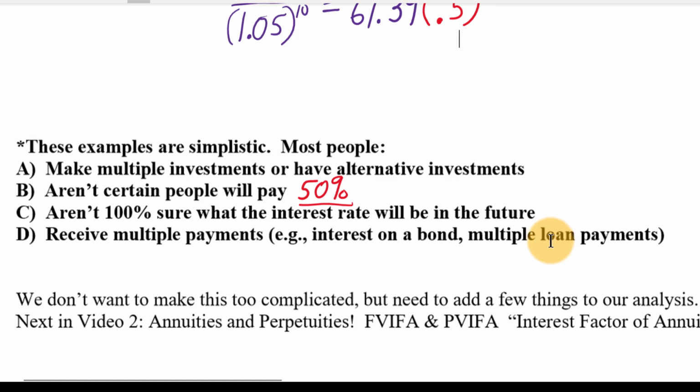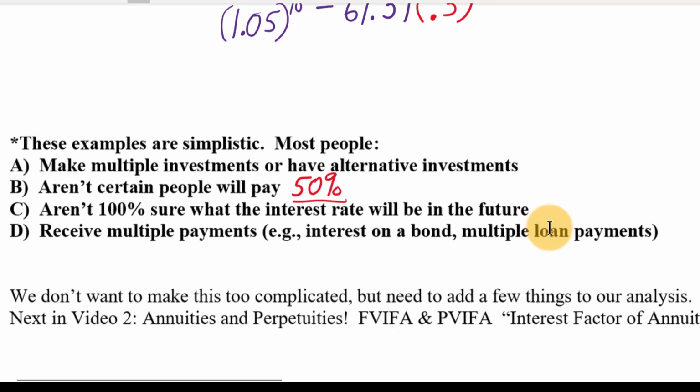And a third example would be, what if I don't want to save for college all at once today? What if I want to save for college to where I need to have $100,000 in the bank in 10 years' time? But what I want to do is every year or every month, invest a different amount. So maybe I'll put $100 in the bank today and $100 next week, or I'll put $10,000 in the bank at the end of this year, and then at the end of the second year, and then at the end of the third year. How can we handle those?